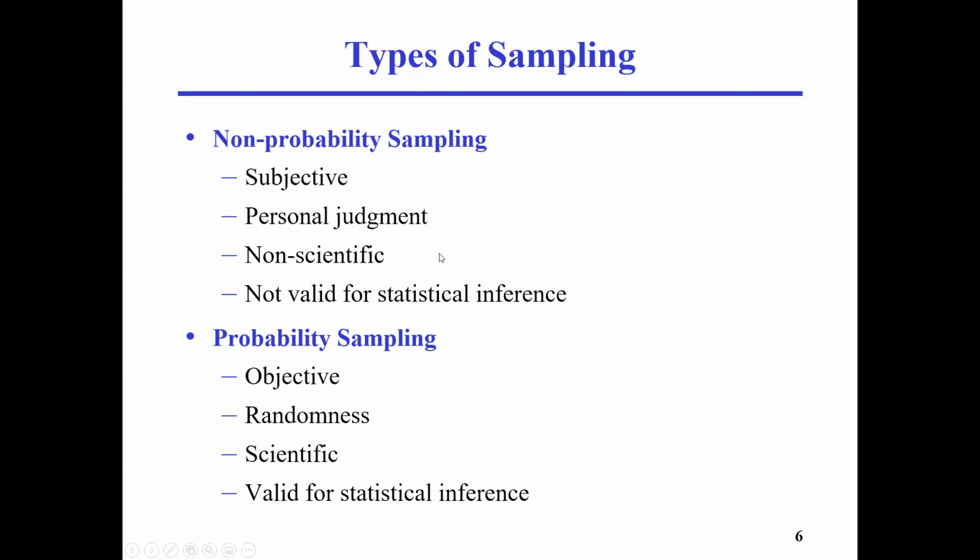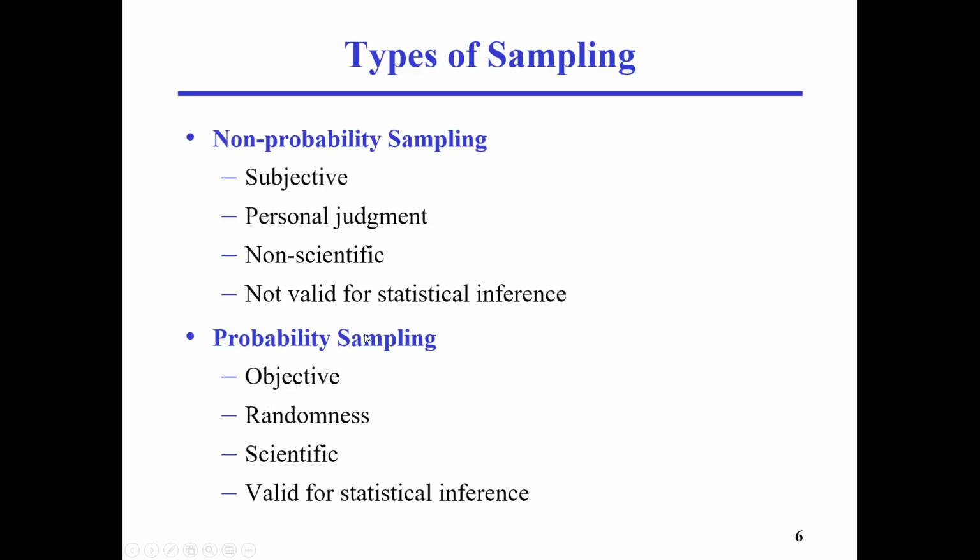Okay, I'm not saying that they are not accurate. Sometimes an experienced expert who knows the realm very well can do non-probability sampling and may get a good result, but it is not something we recommend to do.